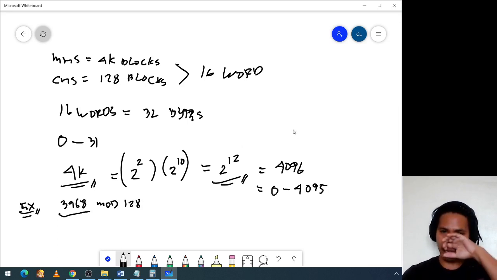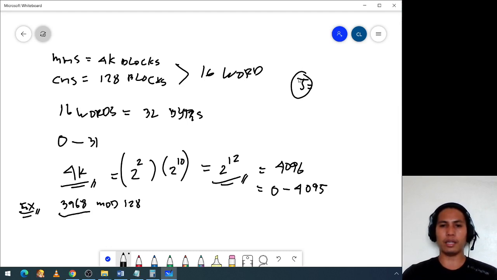Kasi yung sinabi natin kanina, please do take note of the formula which is J, the memory block to place the incoming memory block, that is I mod N. So I is 3968, mod N, that is the cache block number or cache size. So that is 128.